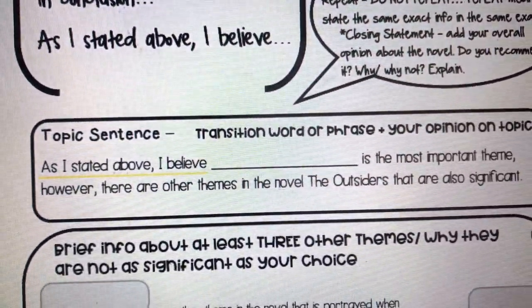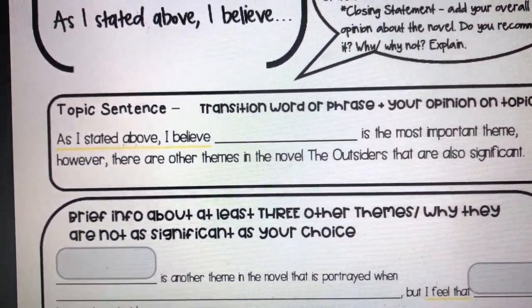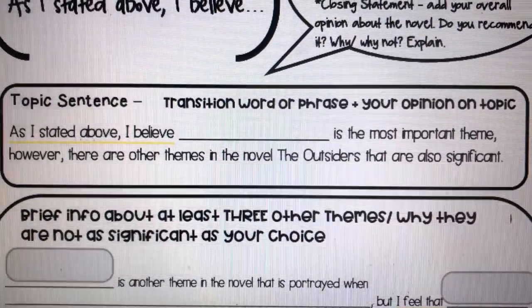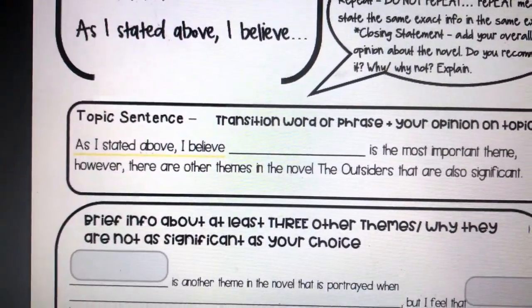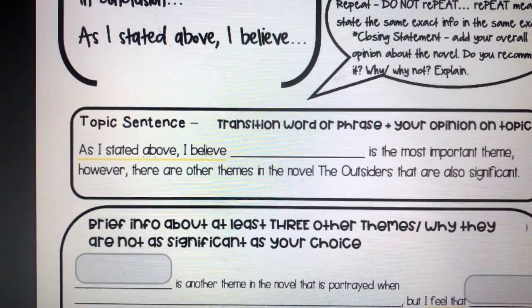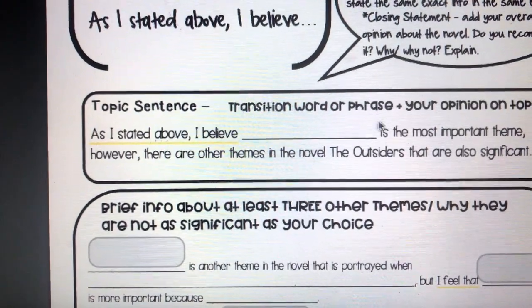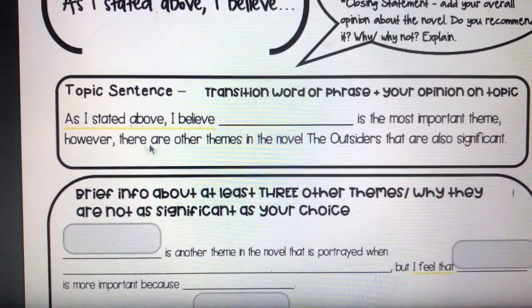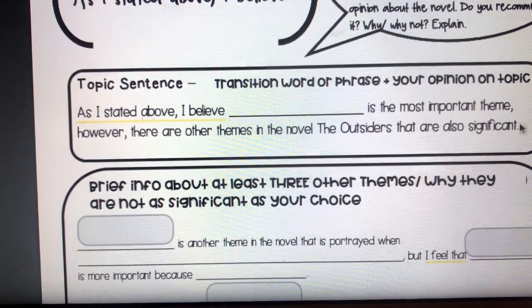So your topic sentence, the sentence that you're going to begin your paragraph with, should have a transition word or phrase plus your opinion on the topic. An example would be, as I stated above, I believe, and then you're going to include the theme that you've chosen, is the most important theme. However, there are other themes in the novel, The Outsiders, that are also significant.